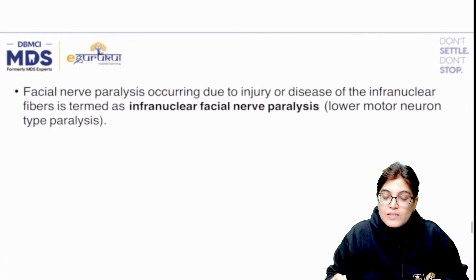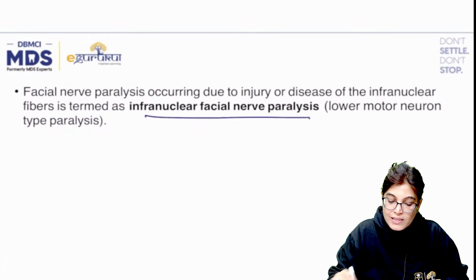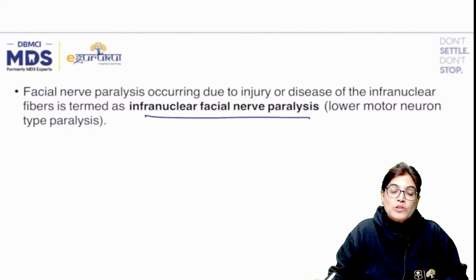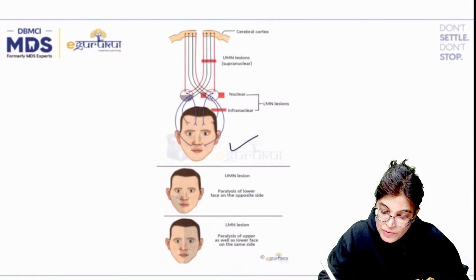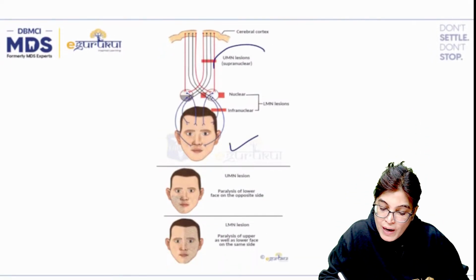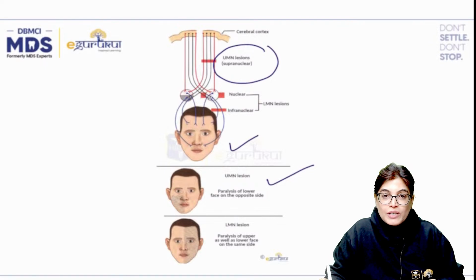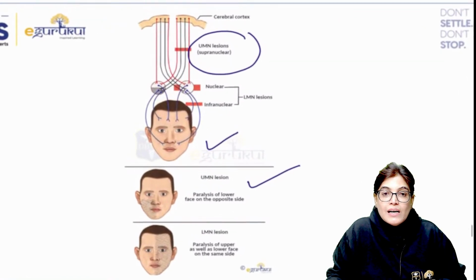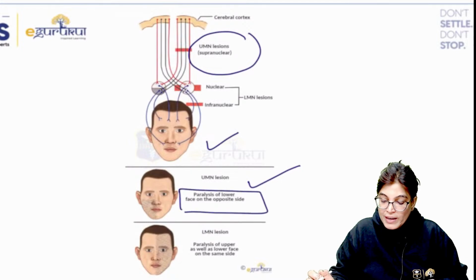Facial nerve paralysis occurs due to injury or disease of infranuclear fibers, infranuclear facial paralysis being the lower motor neuron type of facial paralysis. Now you can see the upper part of the face receives supranuclear fibers from both sides of the brain cortex. So only in upper motor neuron lesion, the upper part of the face will not be involved, and it will lead to paralysis of the lower face on the opposite half.